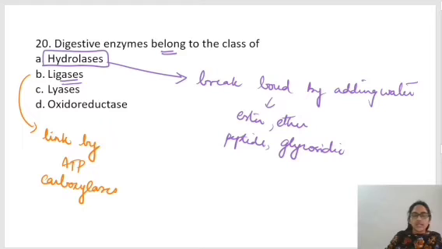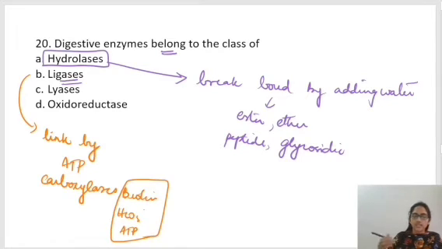These carboxylases usually need biotin, bicarbonate and ATP. So carboxylases come under the group of ligases. Examples are acetyl-CoA carboxylase or PRPP synthetase, because synthetases also come under ligases.